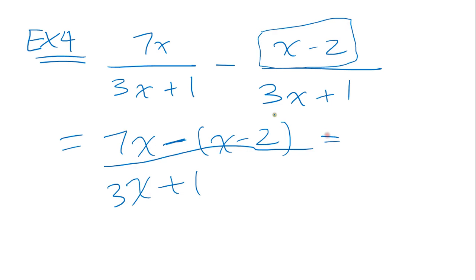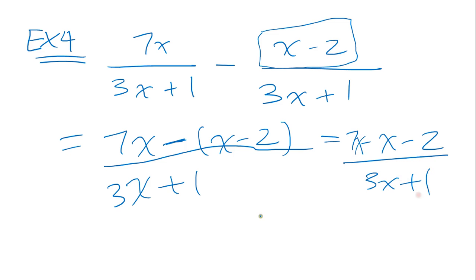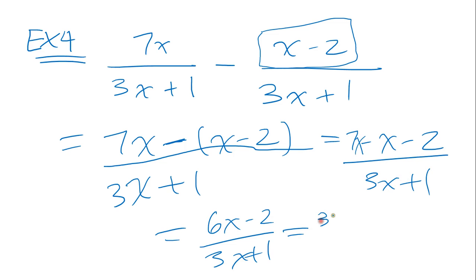So we basically have 7x minus x minus 2, over 3x plus 1, which is just going to be 6x minus 2, which is, I could factor out a 3. No, I can't.